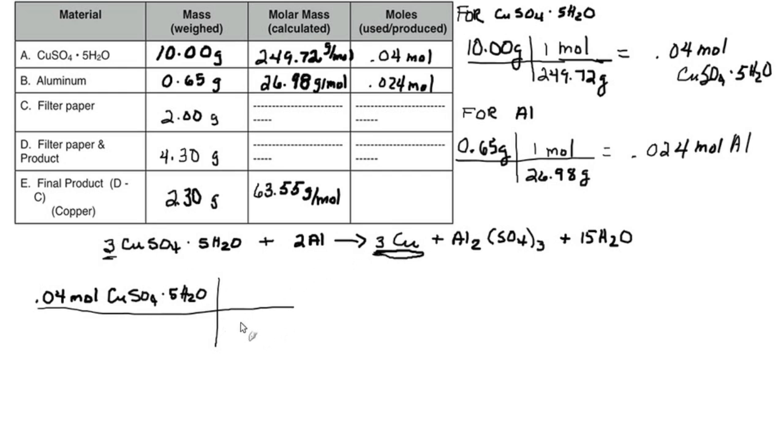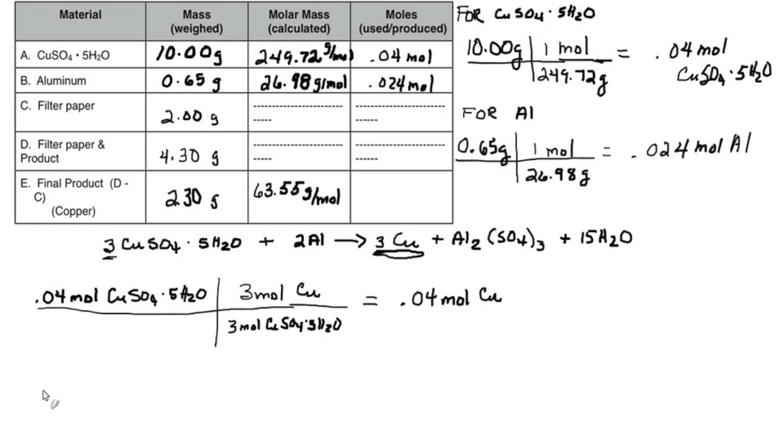In this reaction, the molar ratios are the same. 3 moles of copper sulfate gives me 3 moles of copper. 3 to 3 is the same thing as 1 to 1. So I'm going to produce 0.04 moles of copper with that much copper sulfate.